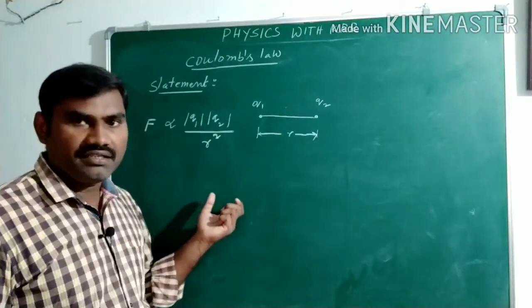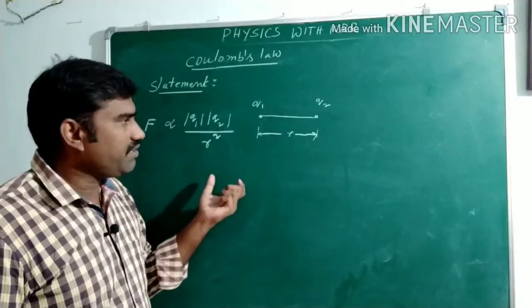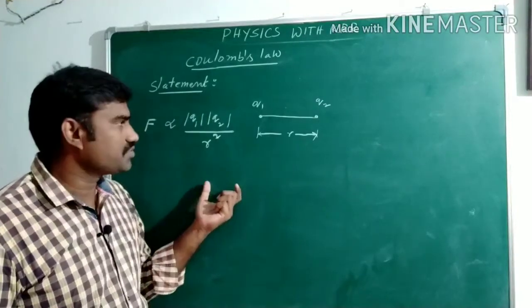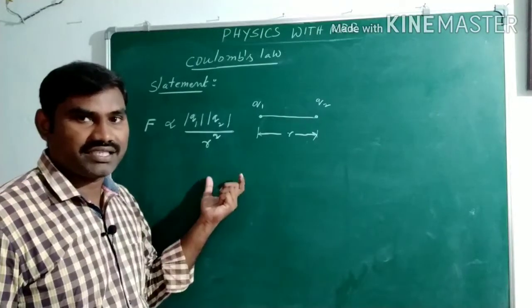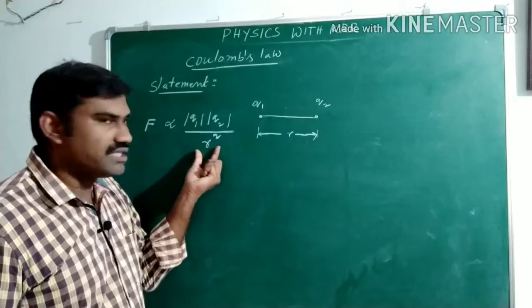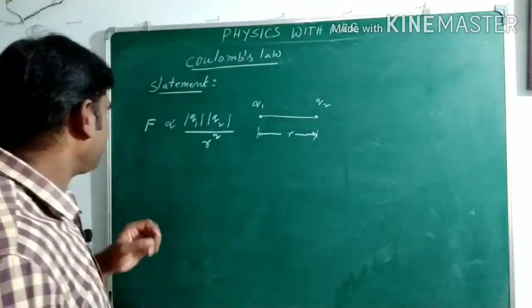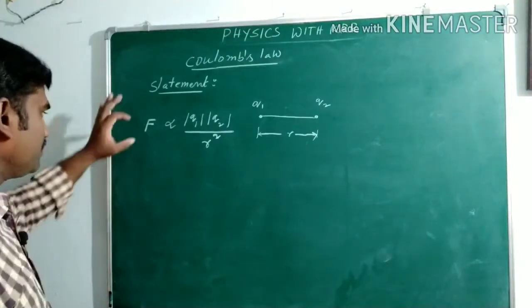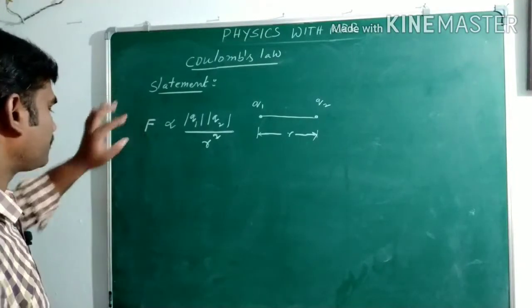If you are taking a spherical sphere on which charge is distributed, that sphere we can consider as the charge is concentrated at the center. So in that case we will take the distance as centers between the two charges. So like that we can take. Now this is the force of attraction or repulsion, electrostatic force.